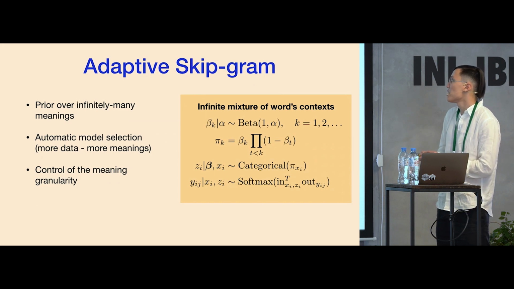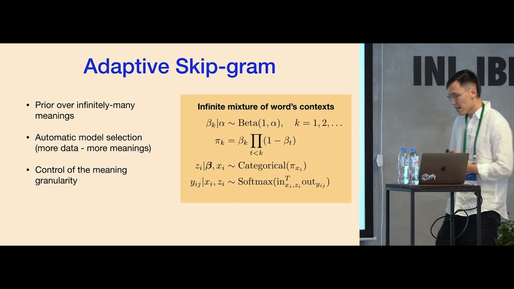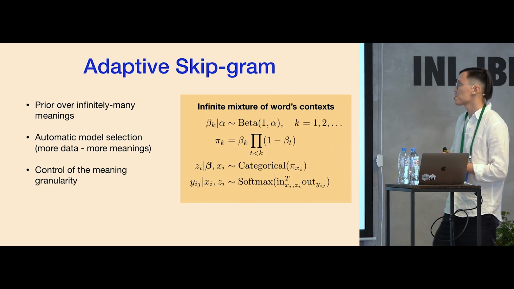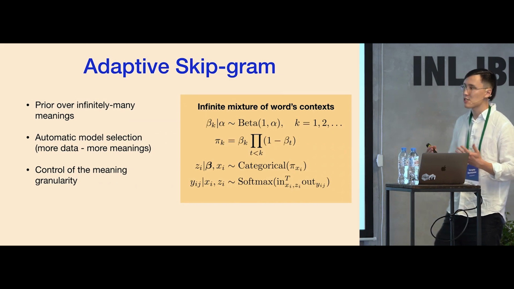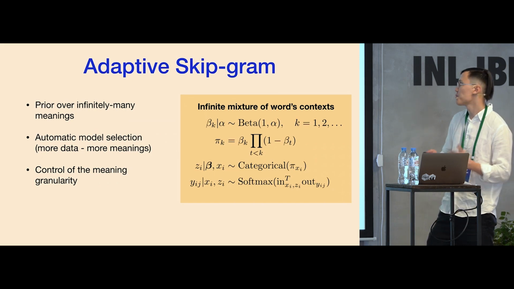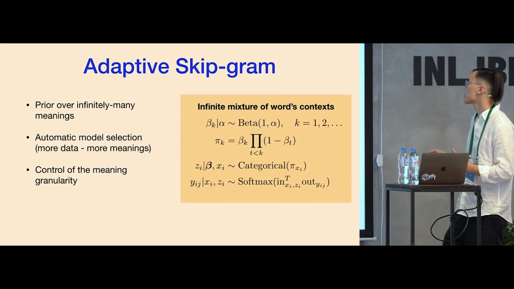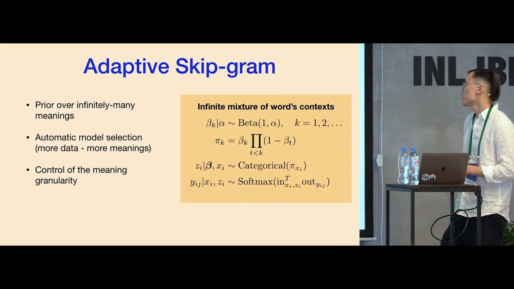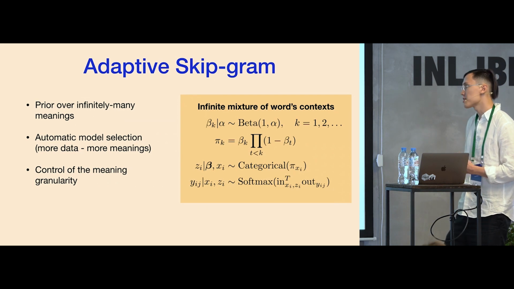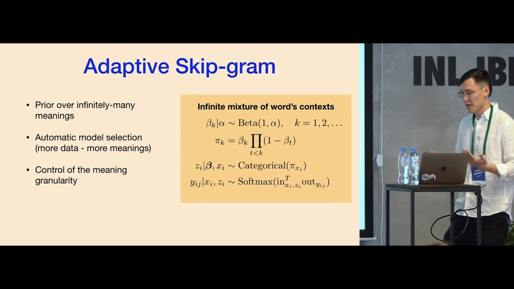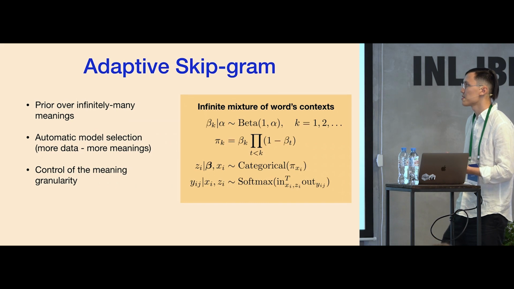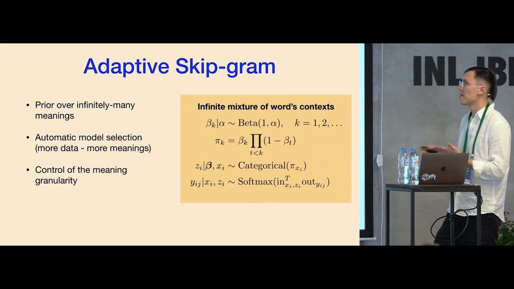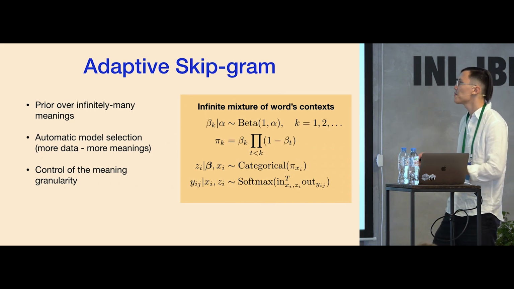So basically, we're done, and our skipgram extension that can automatically extract the required number of word meanings is based on the infinite mixture we just described. So potentially, we are able to learn infinitely many meanings. We are only limited by our computational power and the desire to learn too granular meanings.